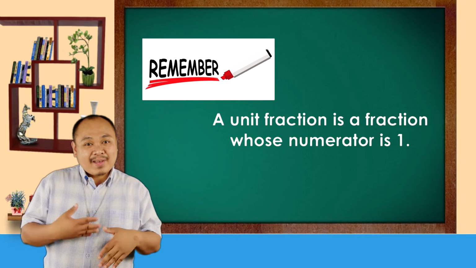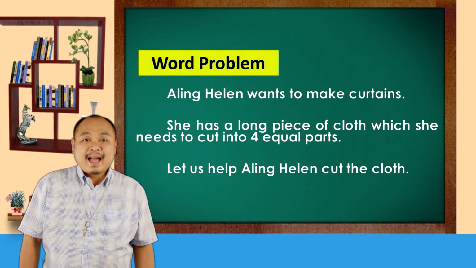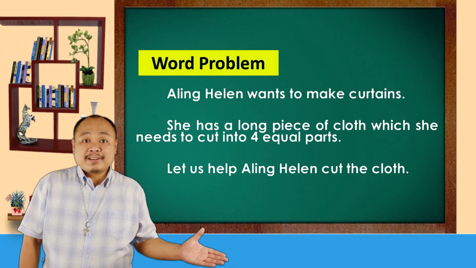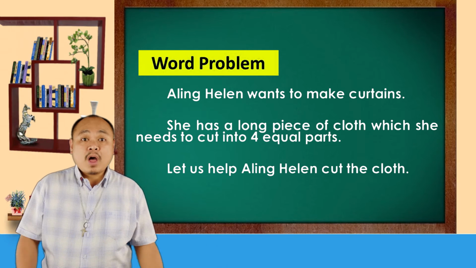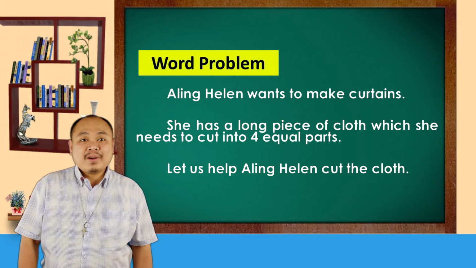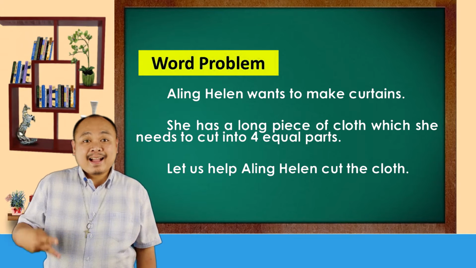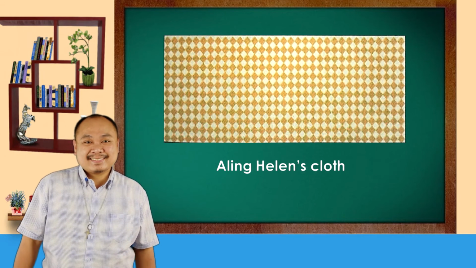Let us have another word problem. Aling Helen wants to make curtains. She has a long piece of cloth which she needs to cut into 4 equal parts. Let us help Aling Helen cut the cloth.